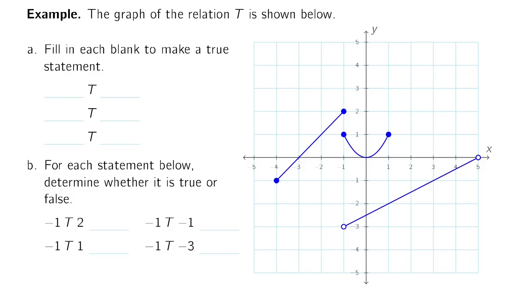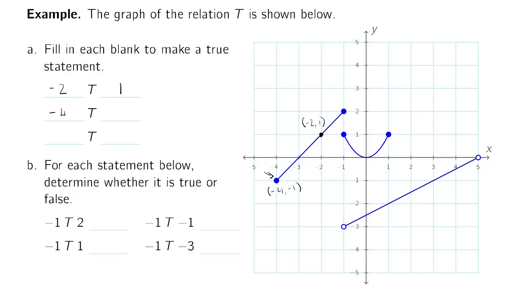So I could pick, for example, this point right here, (-2, 1). That's a point on the graph. So that tells me -2 is related to 1. I could pick this point right here. Notice the filled in dot means that (-4, -1) is a point on the graph.